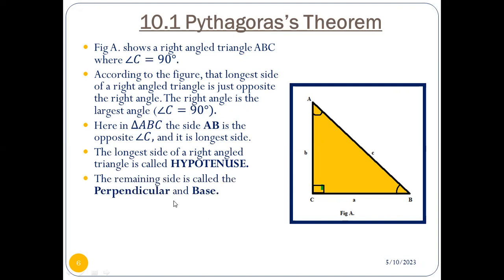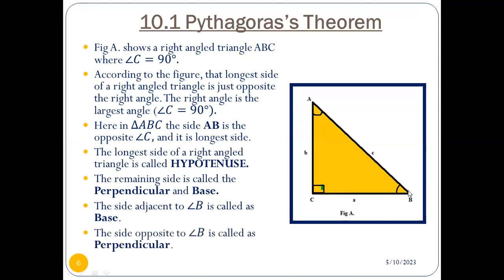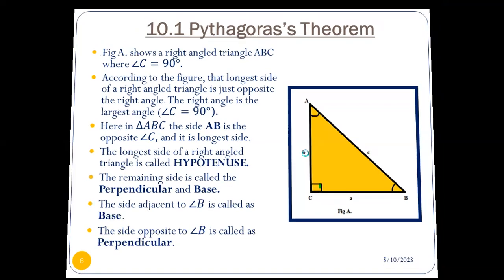They are called perpendicular and base. So what is base and perpendicular over here? The side that is adjacent to angle B is called the base, and the side that is opposite to angle B is called the perpendicular. Base is represented by small a and perpendicular is represented by small b. So now let's move on.